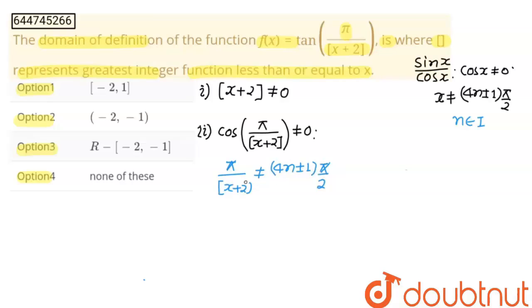Both sides pi will get cancelled out, and if we reverse this, we'll get [x] + 2 should not be equal to 2 upon (4n plus minus 1). And what is this? This is an integer.